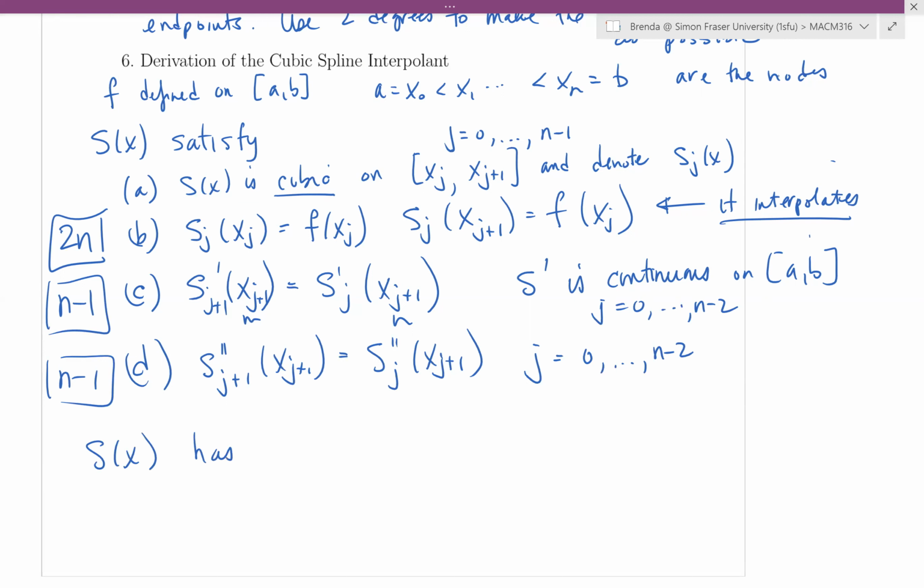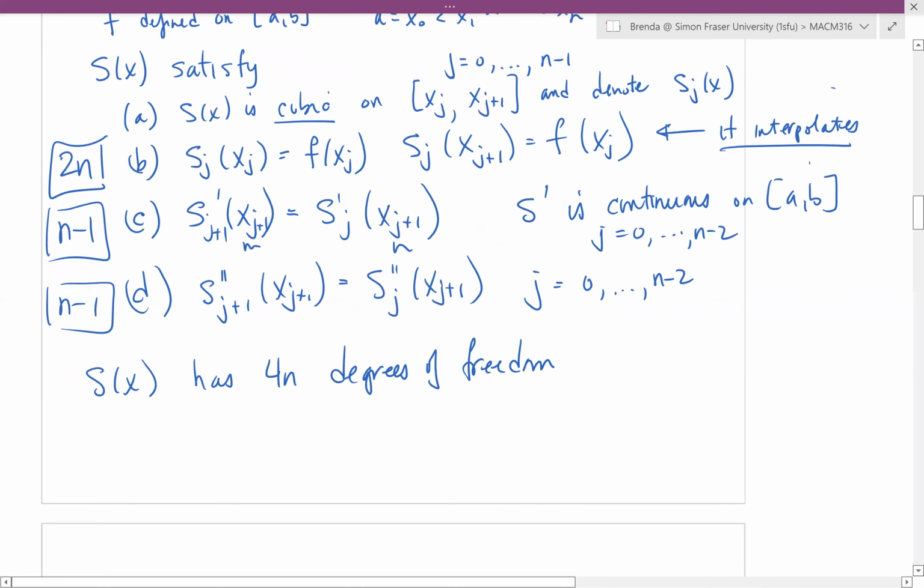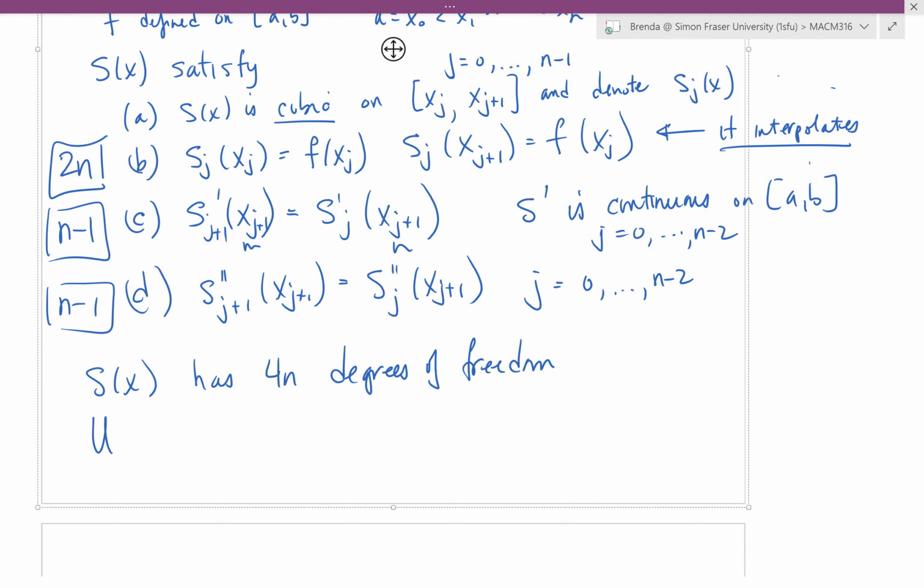S(x) has 4n degrees of freedom. We have all these cubic polynomials, each with 4 coefficients, pick them however we want. We have used up 2n of them to make sure it interpolates. We've used up n minus 1 of them to make sure that the first derivative matches, and another n minus 1 to make sure that the second derivative matches. So we have used up 2n plus n minus 1 plus n minus 1.